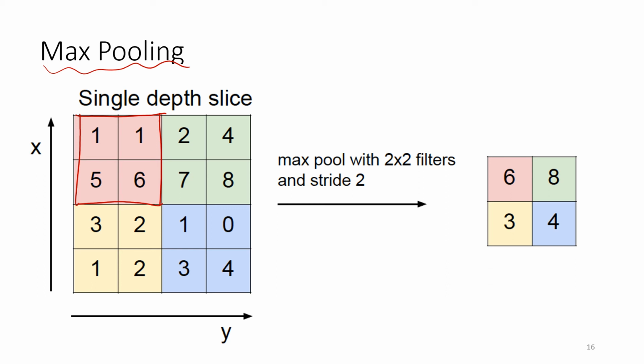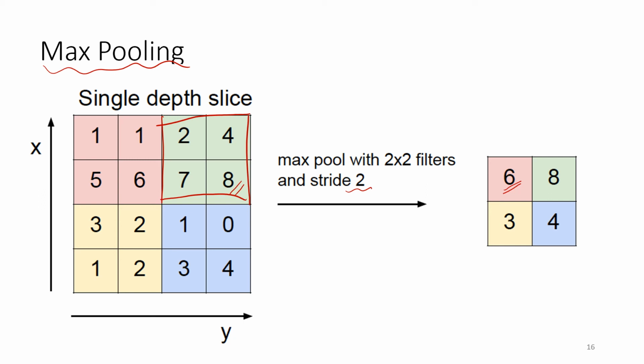For example, when our window is put in the upper left corner of the image, the maximum element is 6, so we only keep 6. Now we have a stride 2, so we move our window to the upper right corner, and the maximum value we get here is 8. So we perform this downsampling approach by taking the maximum value of each window, and this is called max pooling.